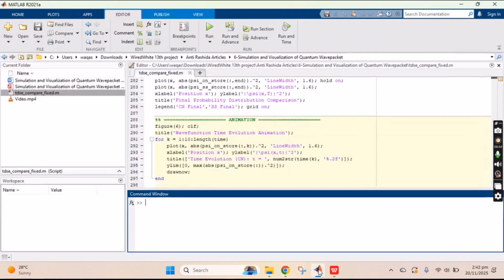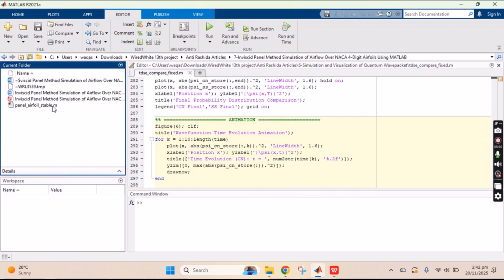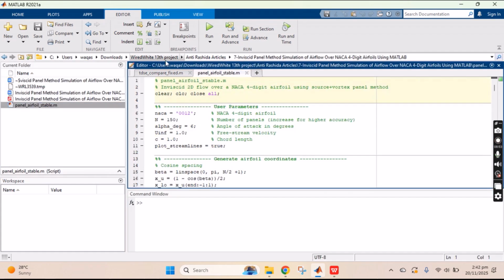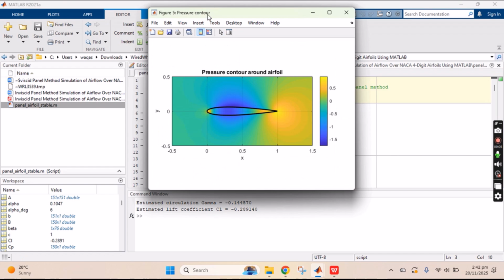Let me provide you the MATLAB demonstration. You just need to run this section and you will get the output results, the estimated circulation and everything.